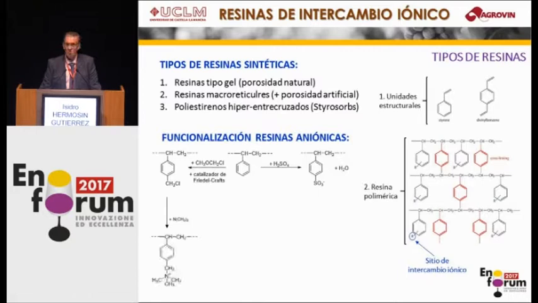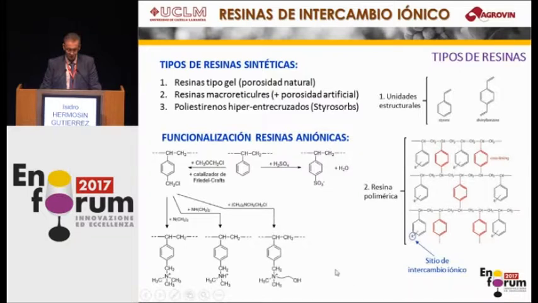atom with a functional group which is positively charged. And normally it is amines, it could be a tertiary one, with a quaternary ammonium ion, or it can be here the union of a tertiary ammonium cation, or here with another reactive agent with methylamine.